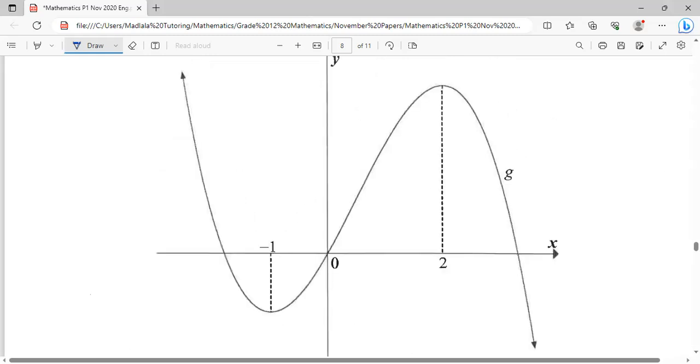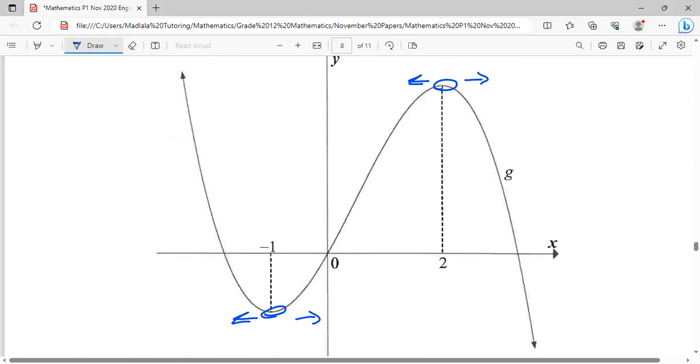So every time if we must talk about the intervals of increase or decrease, we go to the x-coordinates of the turning points. So we want to see what is happening on either side of these x-coordinates. So let's go to -1. If we look on the left of -1, meaning from -infinity up until -1, the function is decreasing.